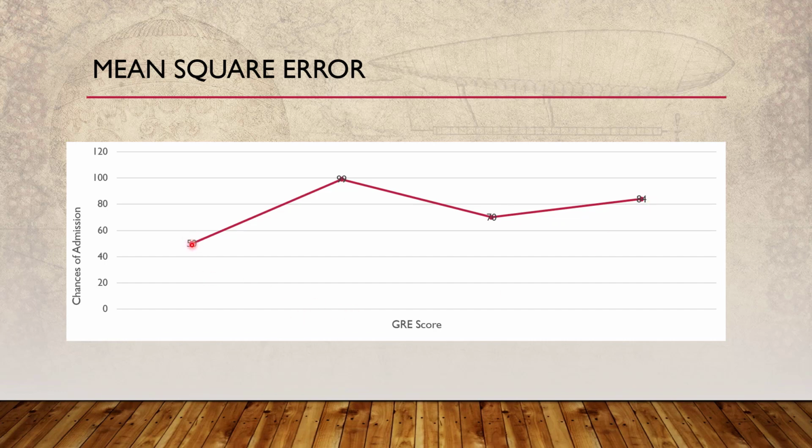My chances of admission will be 50%, 99%, 70%, 84%, something like this. Maybe it is not reflecting the realistic part. Maybe if the GRE score is high, 99 should have been over here, but at least we got an idea of the data set.